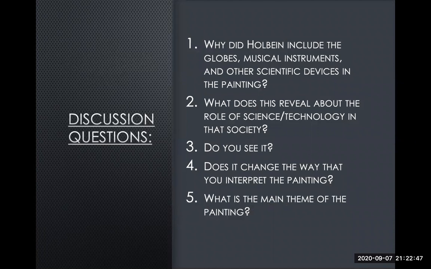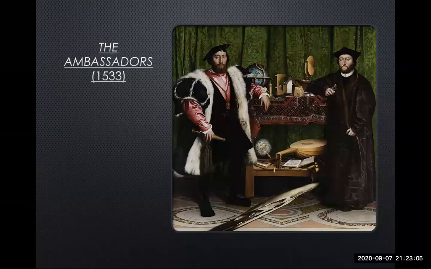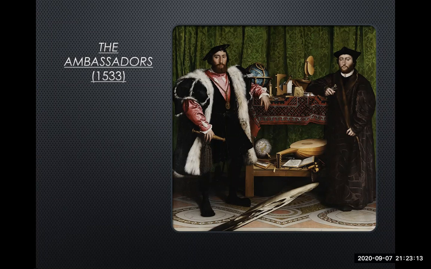Okay, so what does this reveal about the role of science and technology in that society? We see it really being embraced. I mean, we see science here as a mark of status, which is kind of incredible. But also this idea that the world is changing. And we see this Renaissance idea that what we as humans can do through our intellect is really come to understand the world around us. It's not just about accepting received information.